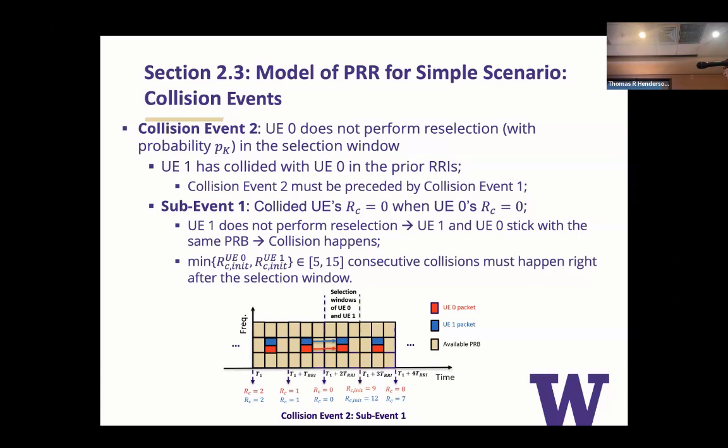This collision happens due to collision event 1. Previously there must have been a case that UE0 collided with UE1 due to collision event 1. Then collision event 2 will happen here.